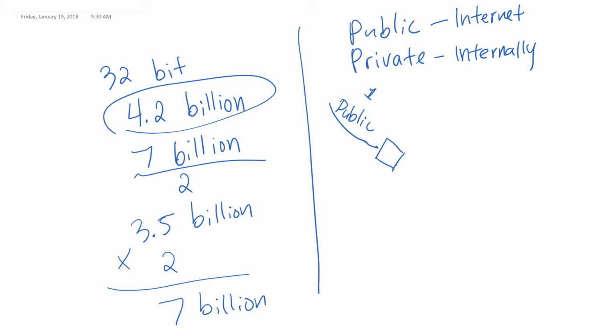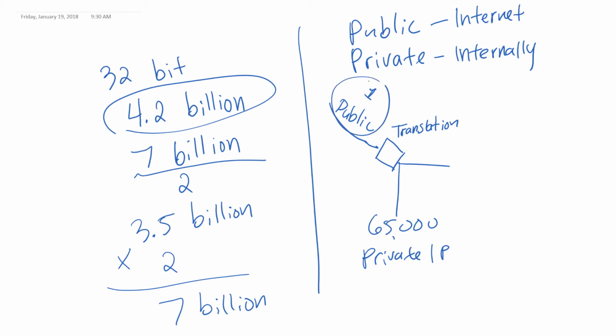Going into the router that they give you, it translates it into basically 65,000 private IPs. So that's how you can have a party with all of your friends, and all of them are connected to your wireless network. They're all going out through one public IP address that you lease from the carrier as part of your monthly fee.